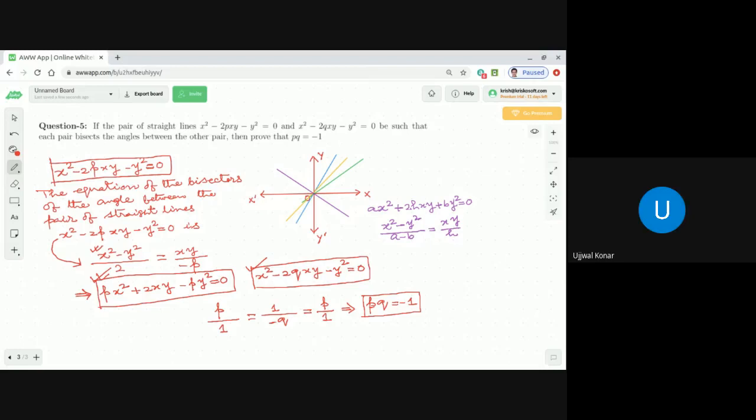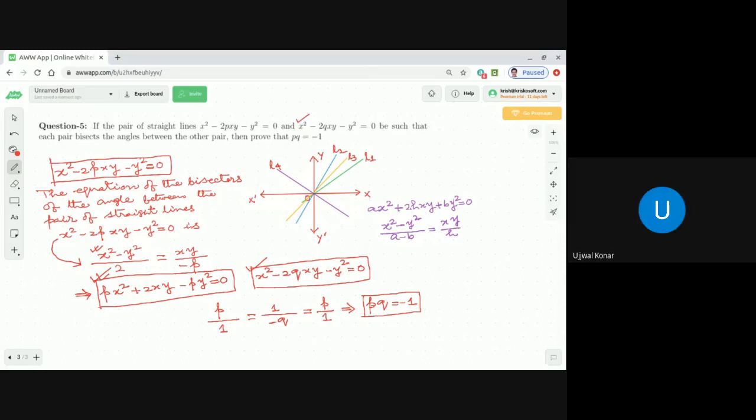You see that x square minus 2pxy minus y square equal to 0 is represented by the green line and, suppose, L1 and L2, the blue line. Then what is their bisector? Their bisector is represented by L3 and L4, correct or not? Then L3 and L4 jointly represent this equation, x square minus 2qxy minus y square.